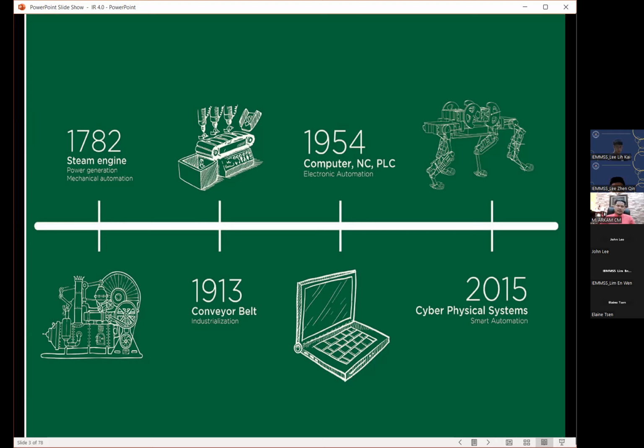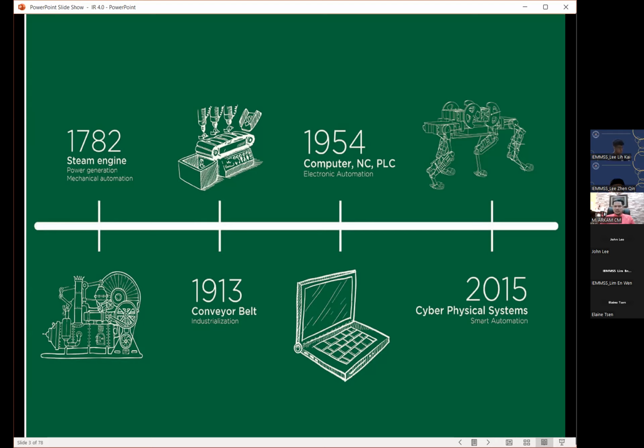So this happened in 1913, and later in 1954 the computer was introduced. Computers started to take over some of our functions in a more algorithmic, more effective way. Even though computers were very rare at that point of time, that somehow sparked the industry to go towards more efficiency with computer technologies.